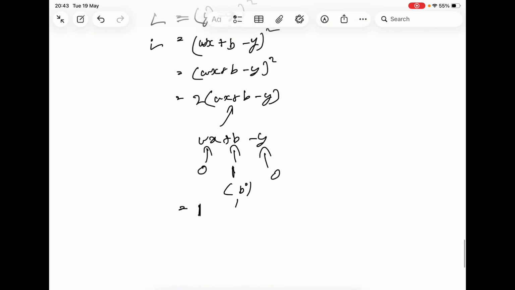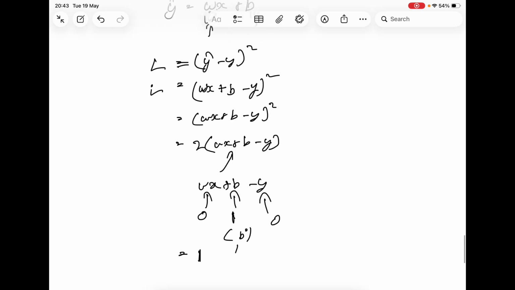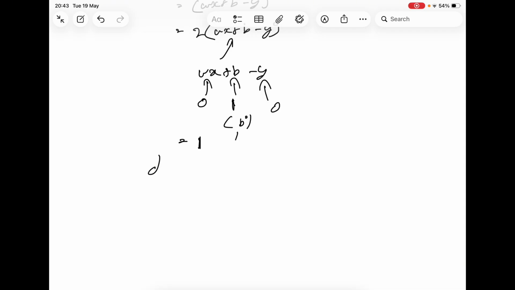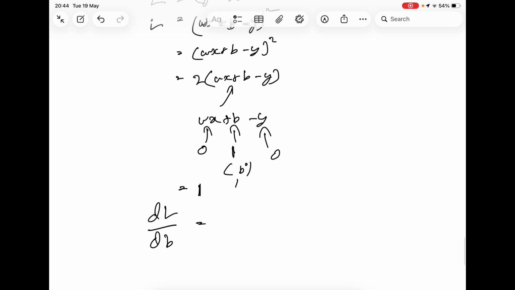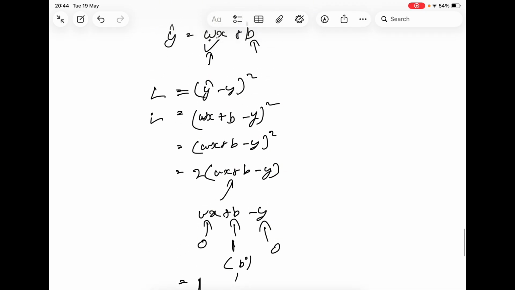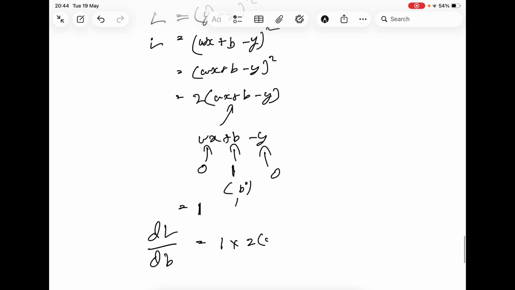So the inside derivative is 1. So now let's apply the chain rule. What we are going to do is find the loss with respect to bias, right? b. 1 into 2 times wx plus b minus y.